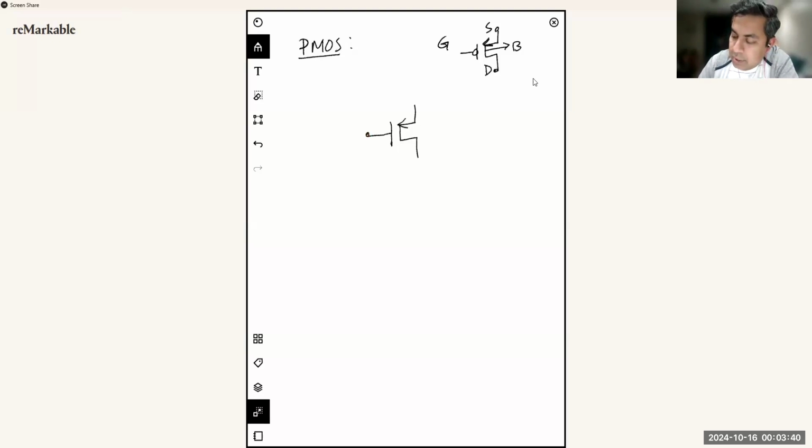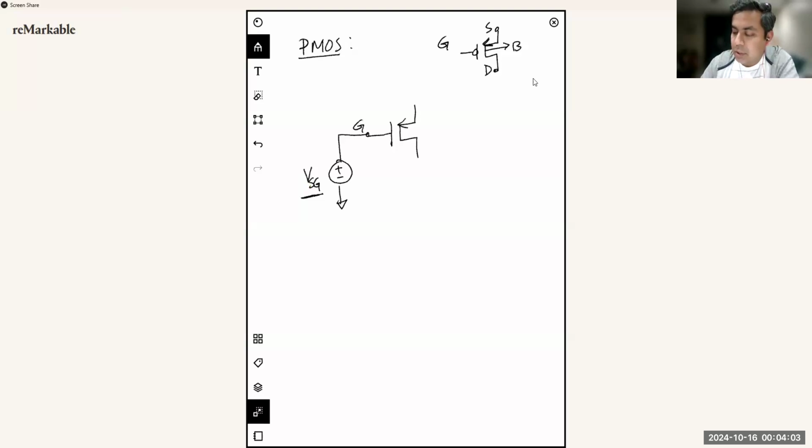So for this one, you have to add a negative voltage in your gate, which is going to be VSG. You can see that I wrote this in a different way. Instead of writing VGS, I wrote VSG.